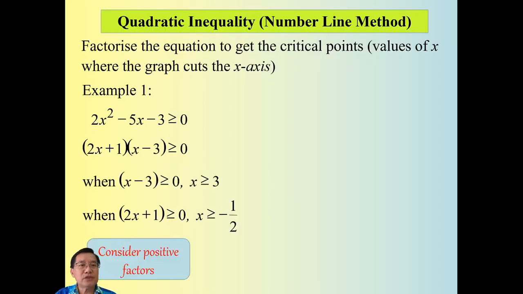We can also solve quadratic inequality by using the number line method. Factorize the equation to get the critical points, which are values of x where the graph cuts the x-axis. For example, 2x squared minus 5x minus 3 is greater than or equal to 0.